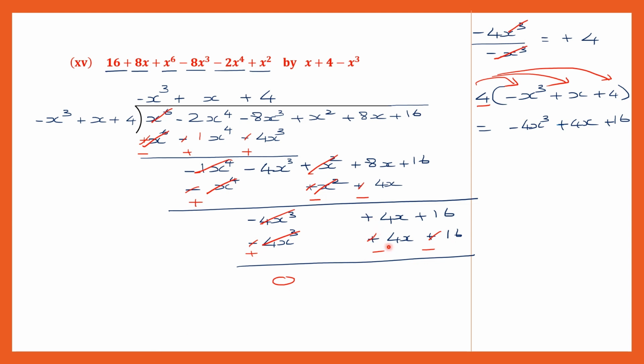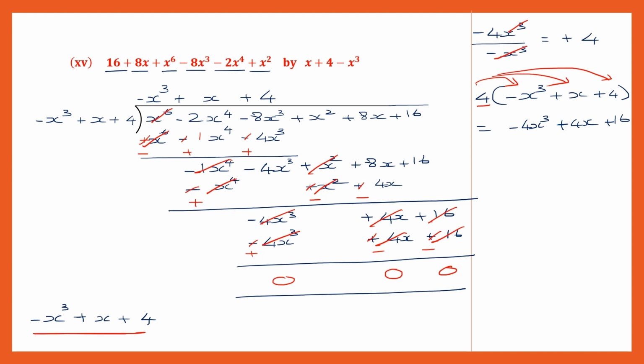Now here I have plus 4 minus 4, that will also get cancelled. So I have 0. Then here I have plus 16 minus 16. Even this will get cancelled. So my remainder is now 0. That means my final answer is the quotient. And what is that? It is minus x cubed plus x plus 4. So this is my final answer.